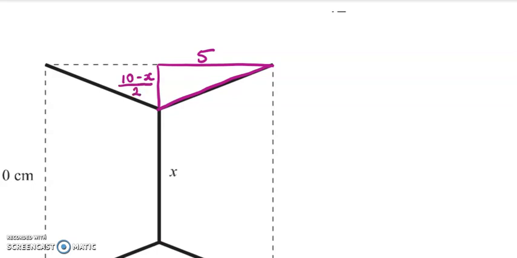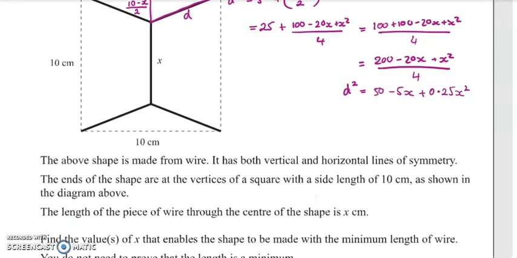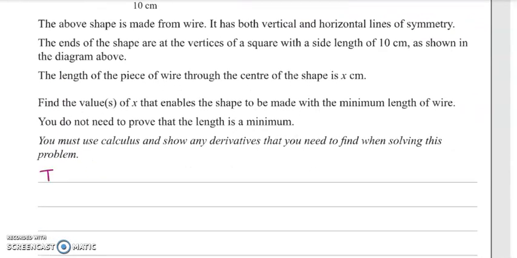If we take away x, then we'll get the pieces that are left, and then they are being evenly divided by 2. So if we call that one the d for the diagonal, then d squared will equal 5 squared plus (10 minus x over 2) squared. So we can follow that through to get this expression for d squared. Now, if we're wanting the total length, let's call that L, that'll be x plus 4 lots of those d.